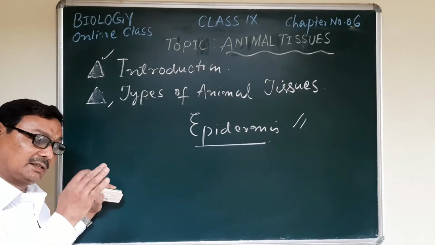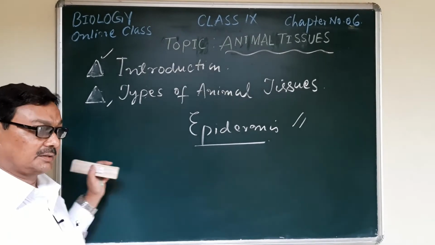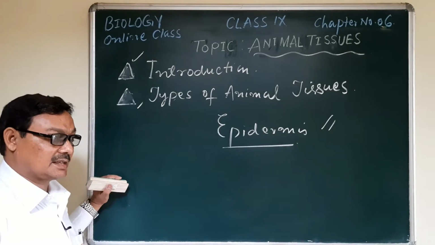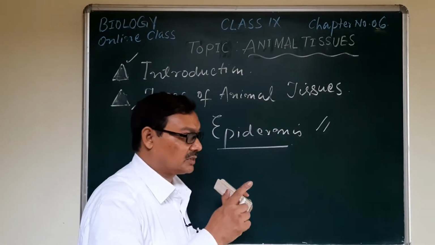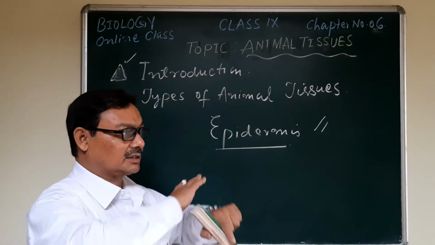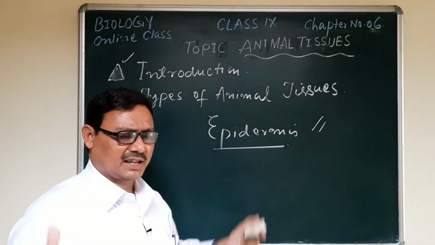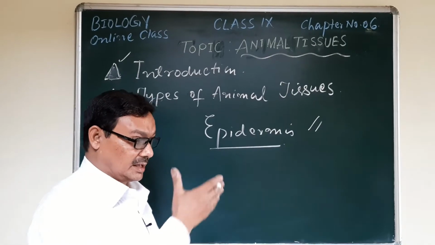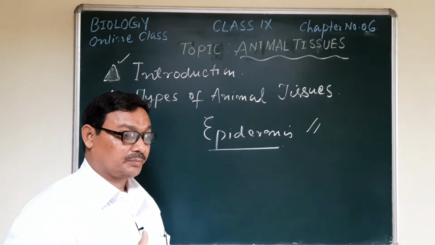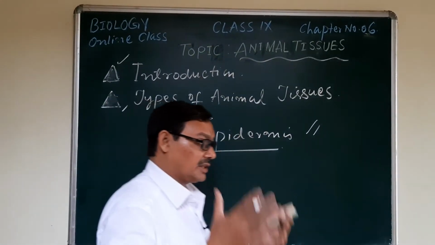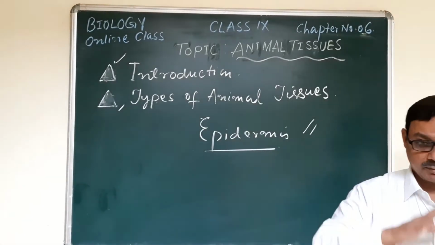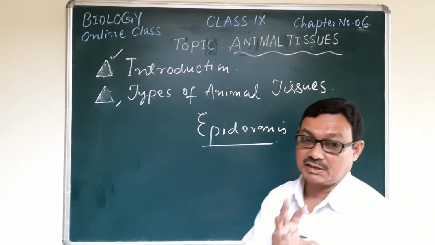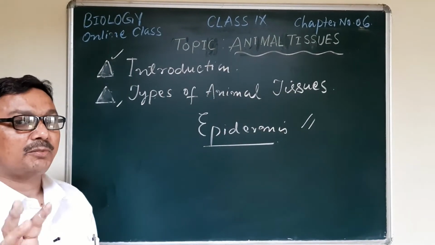In comparison to the plant, the epithelium tissue is much more complex, because in the plant the epidermal tissue covers the outer surfaces of the body, but in animals the epithelium tissue is not only the outer covering or protective layer, it also covers the important internal organs and cavities of the body.